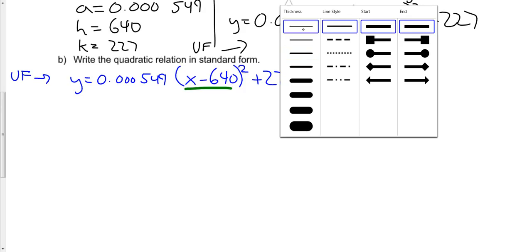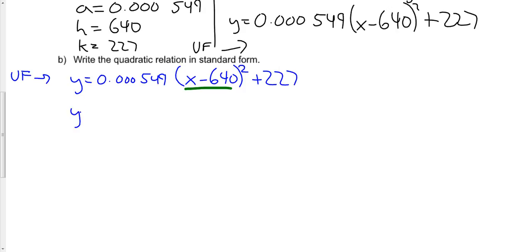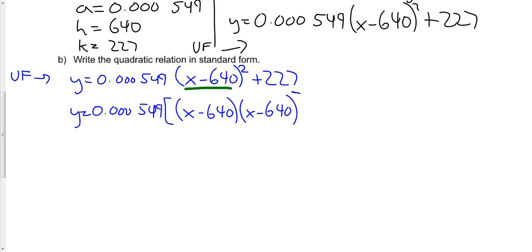So I'm going to write this as y is equal to 0.000549 times x minus 640 times x minus 640, plus 227.